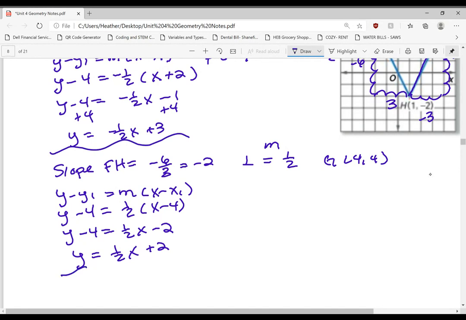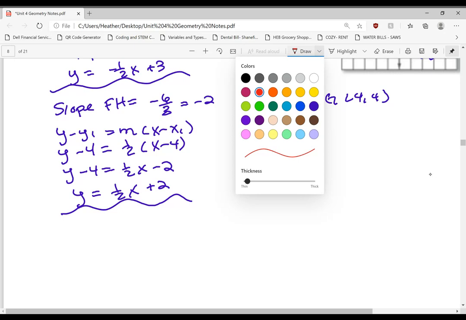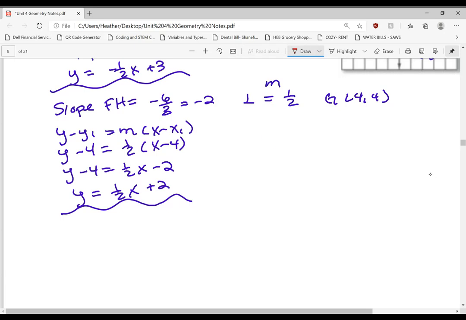So I have two equations. In order to find where that point is, I'm going to have to use systems of equations to find both x and y, and that would be my orthocenter. Let me change my color here so we don't get mixed up. I have y equals negative 1/2 x plus 3, and y equals 1/2 x plus 2.